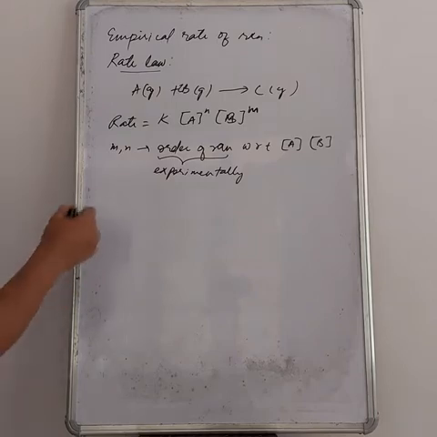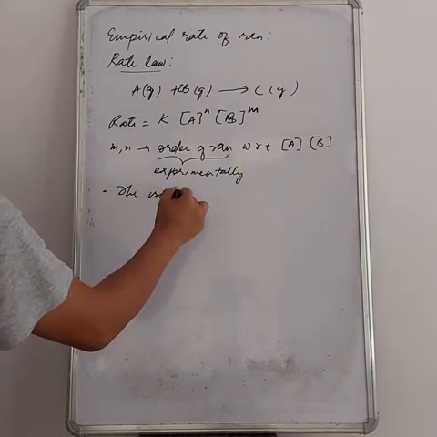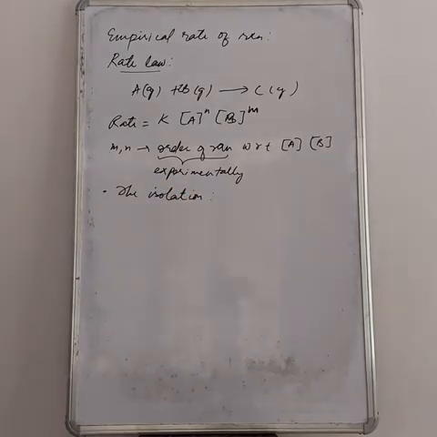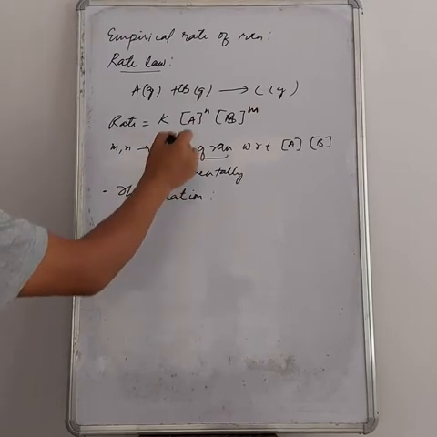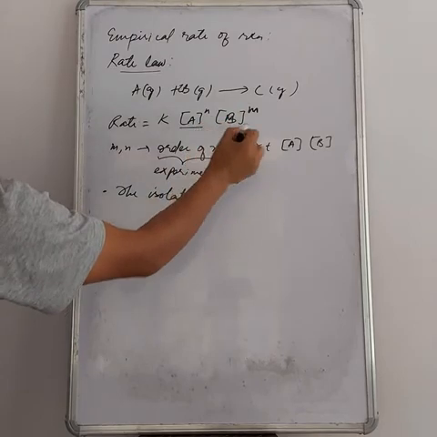To determine the rate law experimentally, we use two methods. One is called the isolation method. So, what is this isolation method? In the isolation method, we isolate one of the entities and determine the other one.